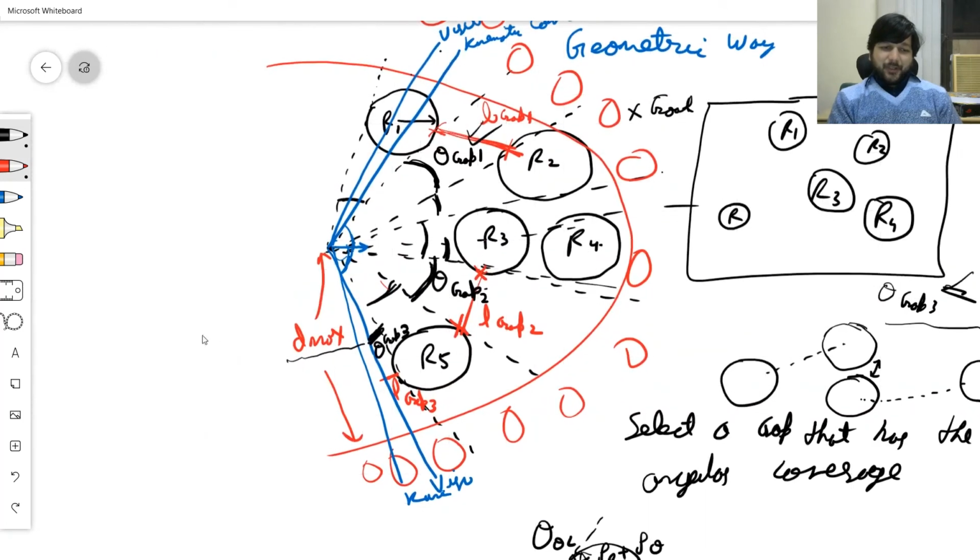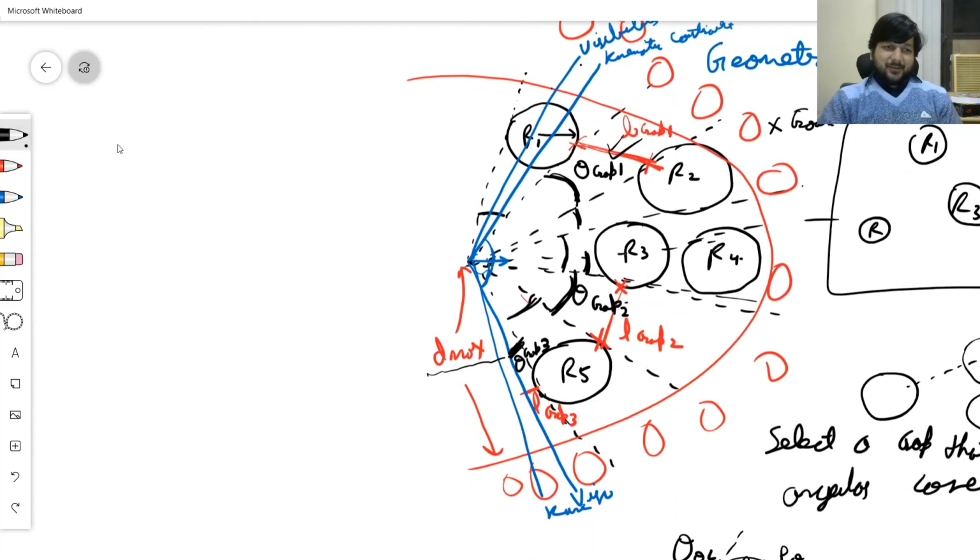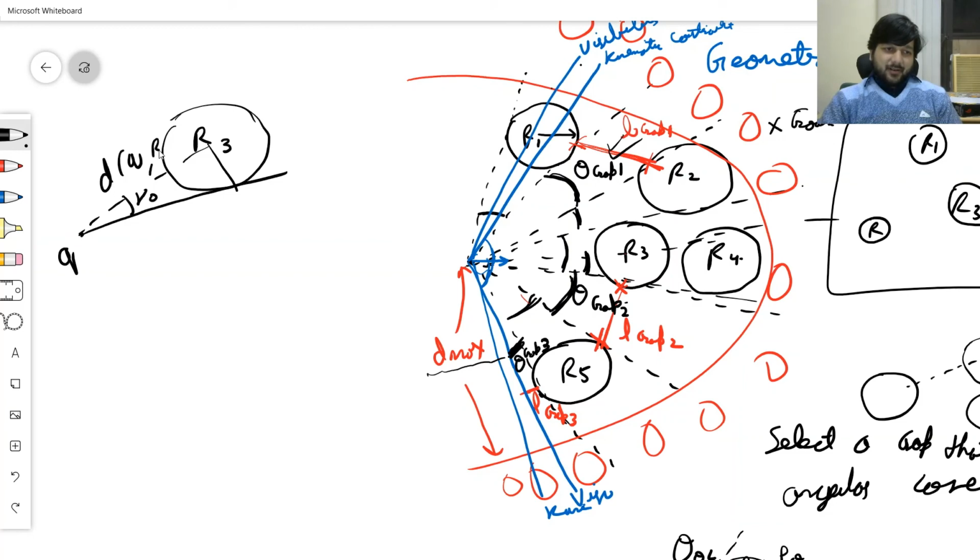So plotting it around over here, so any one of the gaps, so that's your, let's say, R3, that's your Q. So I only calculated this gamma 0 based on the fact that this is dq comma r3 position. This is rho r plus rho of robot 3.